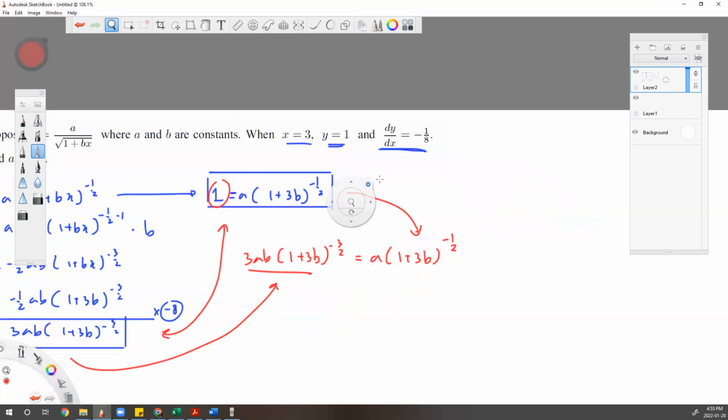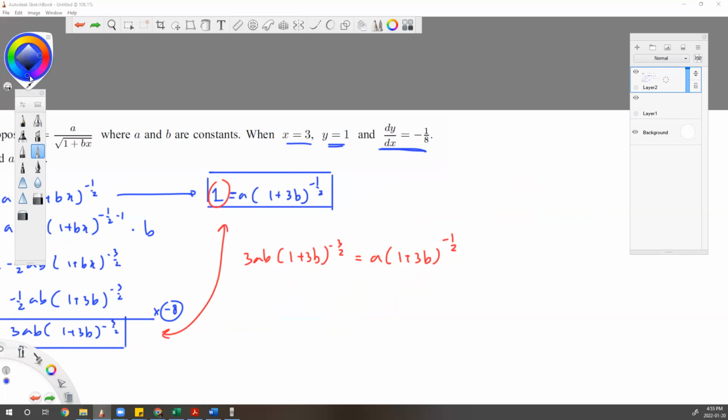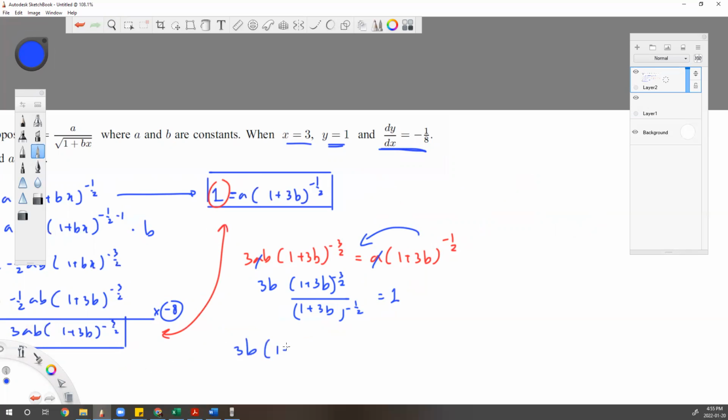And then you can cross out the a. Oh, it's super complicated. 3b(1 plus 3b) to the power negative 3 over 2, over (1 plus 3b) to the power negative half, equals 1. We put this to the left, and 3b(1 plus 3b) to the power of negative 3 over 2 plus half.